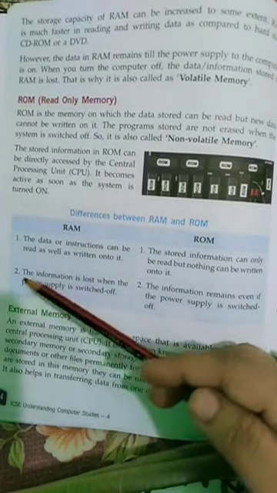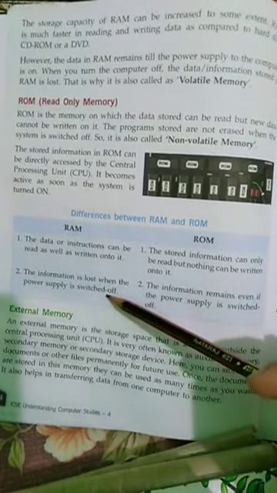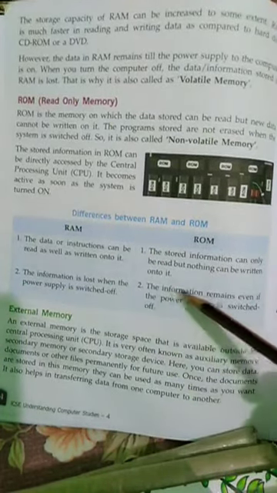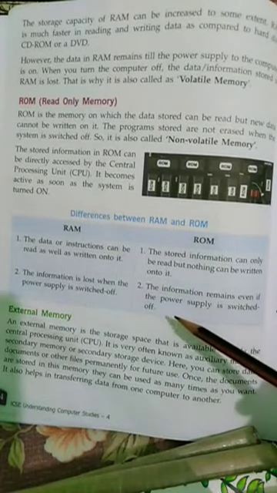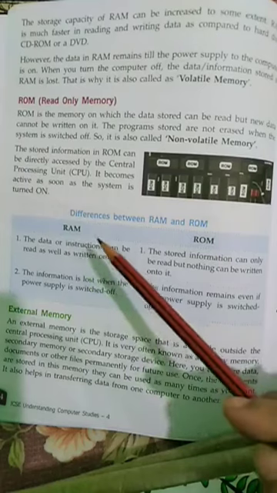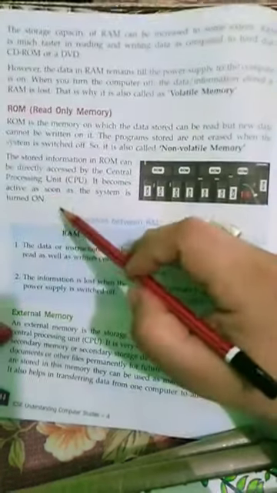In RAM, the information is lost when the power supply is switched off, but in ROM, the information remains even if the power supply is switched off. Children, you have to learn the difference. Very important for you.